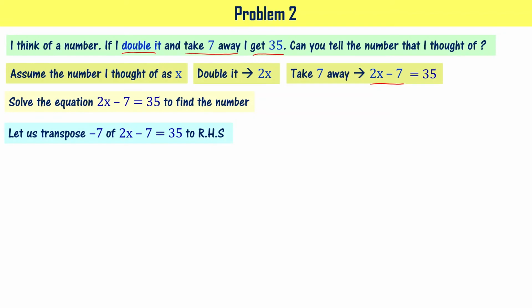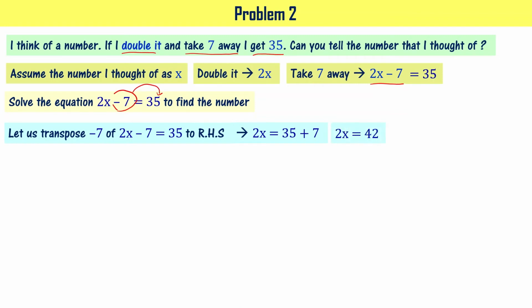Let's consider the equation 2x minus 7 and transpose minus 7 of this equation to the RHS. We have seen when you transpose minus 7 from LHS to RHS, it is going to be plus 7, right? So let me write that as 2x equal to 35 plus 7, right?